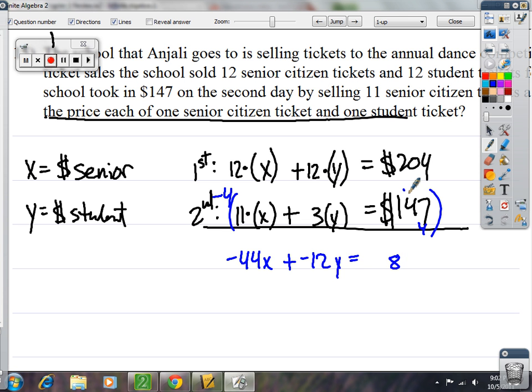That's 558, but I think it's got to be negative. And then I'm going to just bring down my bottom one. 12x plus 12y equals 204.